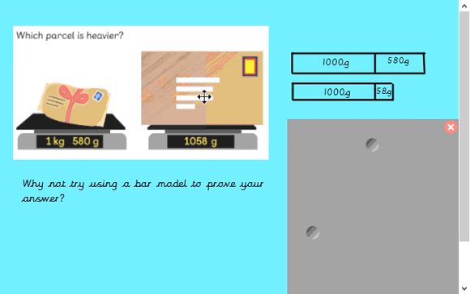And the second one, the latter here, we do have 1,000 grams, but after that, we only have 58 grams. Now you can see on the bar model which one is heavier. 1,580 is heavier than 1,058 grams. So the first parcel is heavier.